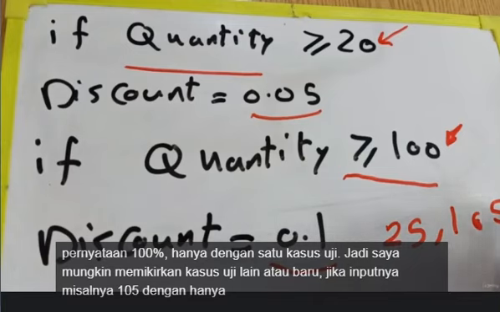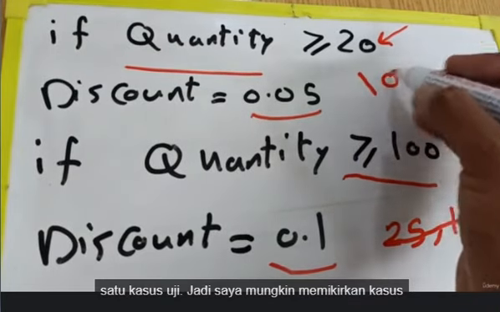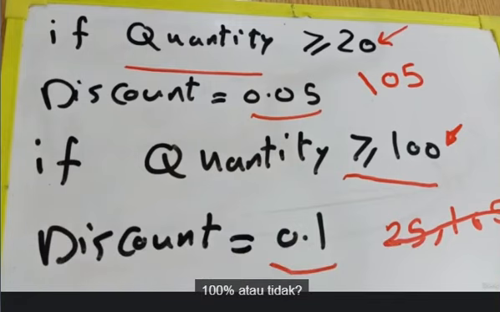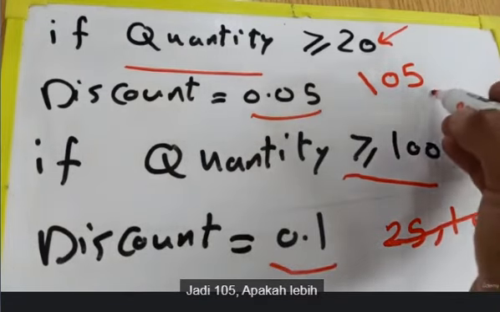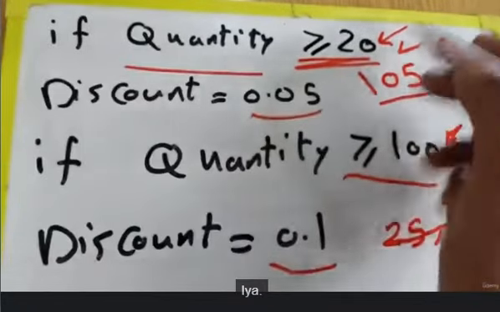So I might think of another or a new test case. If the input, for example, is 105, let's go through the code with this input and trace it and see, does it achieve 100% statement coverage or not? So 105, is it greater than or equal to 20? Yes.